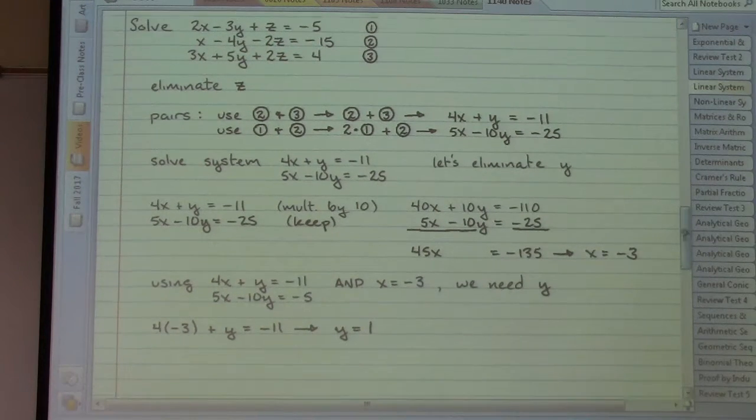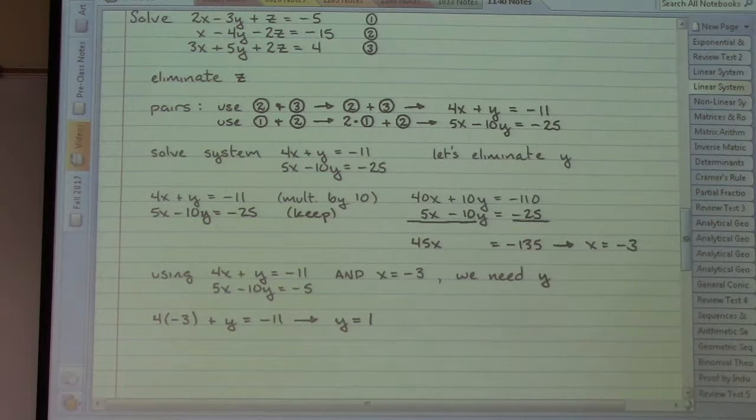Now, before we get too far away from those original equations there at the top of the screen, make a quick comment. Now use an original equation to find z.